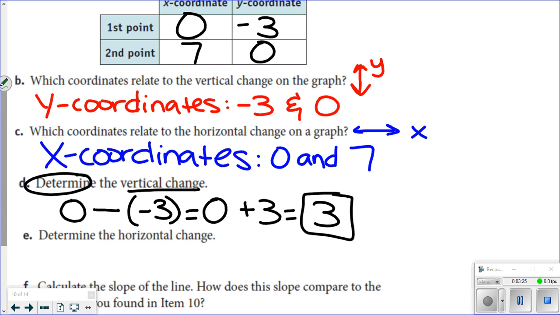Question E, determine the horizontal change. Horizontal change, remember, is our x-coordinates. So I'm going to take the second x-coordinate minus the first x-coordinate. So 7 minus 0, and we get 7.